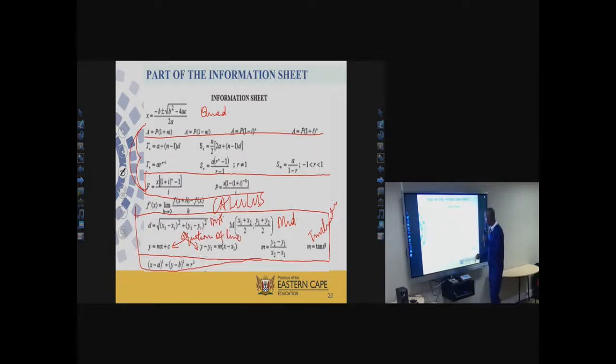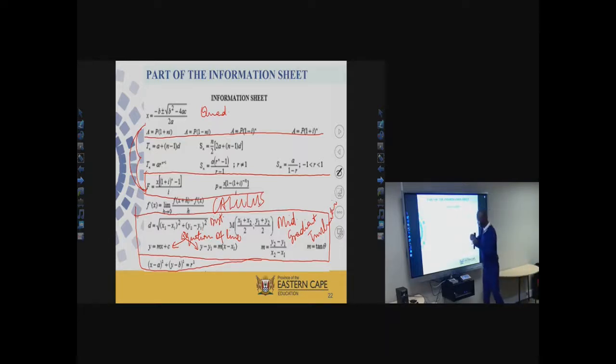And then we focused on the gradient. So, in those 10 things that I mentioned, the first 5 are having formulae.